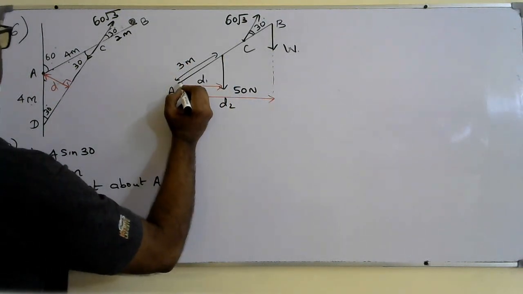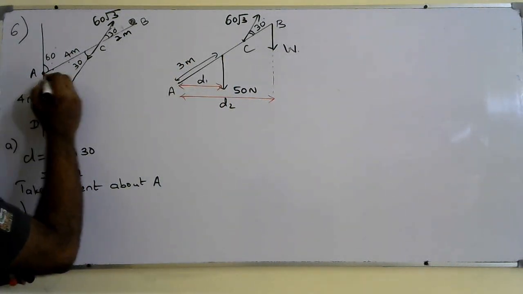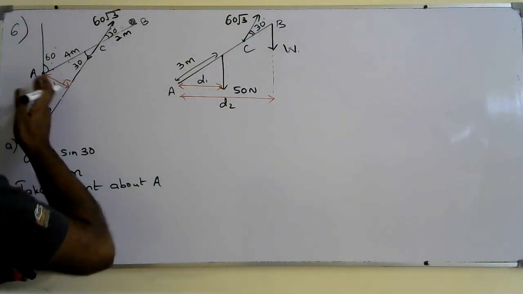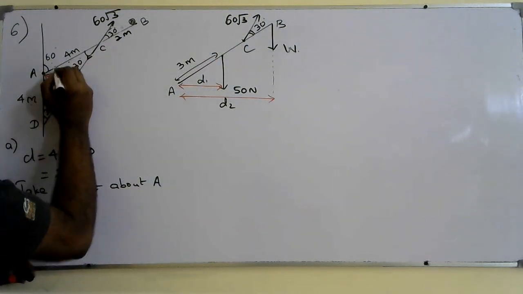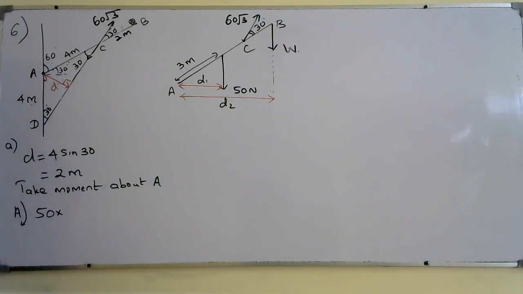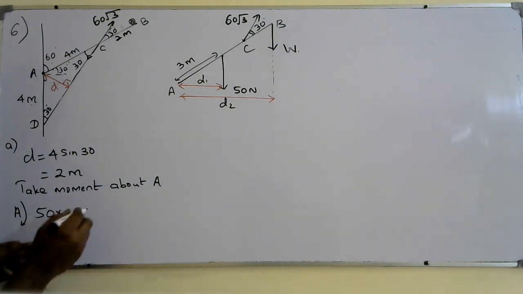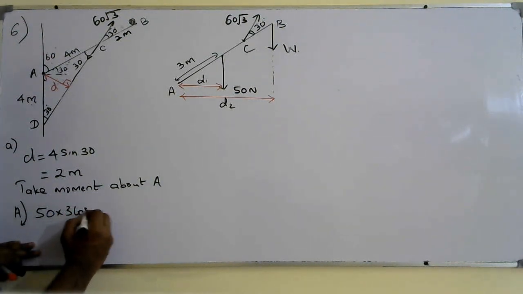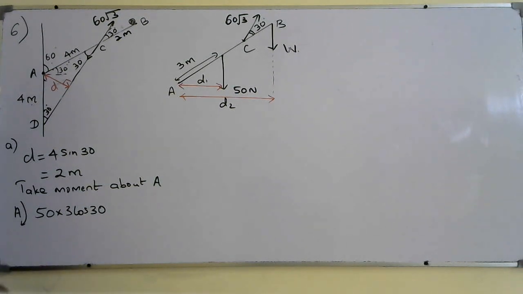So this angle we know: the rod AB makes an angle with the horizontal line, this is 30 degrees, this is 60, this is 90, means this is 30 degrees. So that is going to be 3 cos 30, 50 into 3 cos 30. That is clockwise moment.